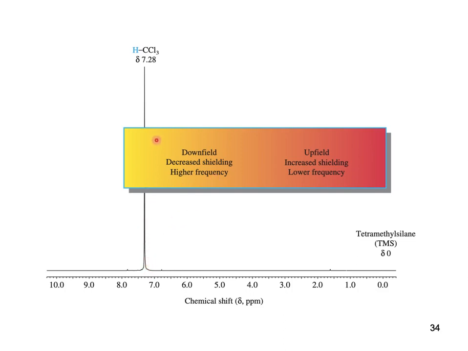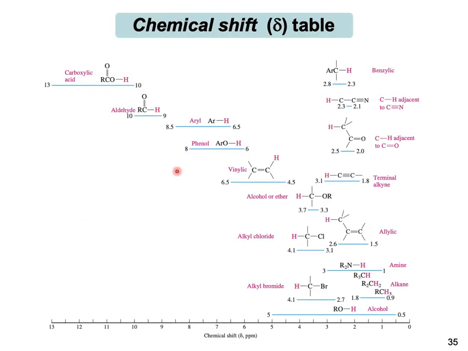This signal is generally the solvent signal, chloroform, which has the value 7.28. In this slide, remember that this is the chemical shift scale. The region near 0 is the low frequency region, and the region away from 0 is the high frequency region.